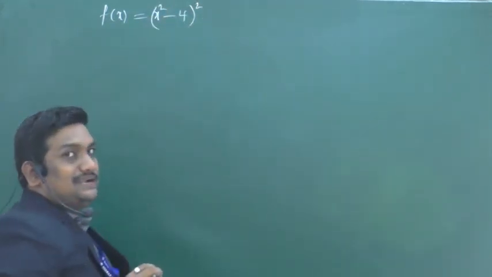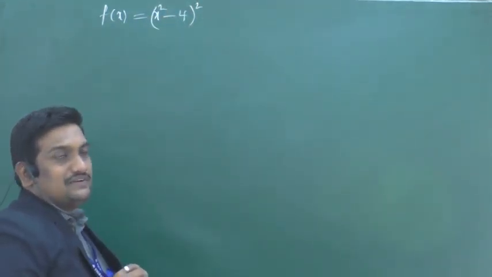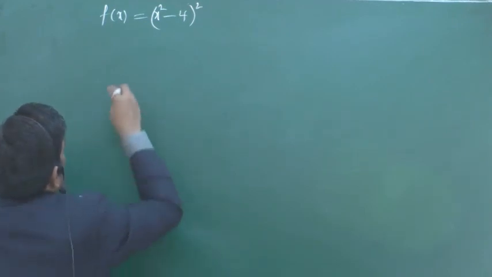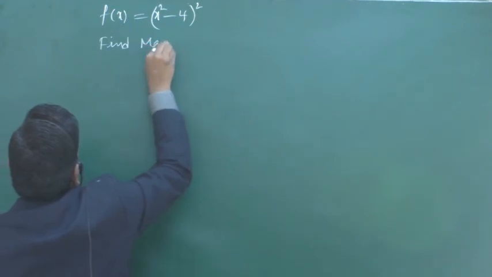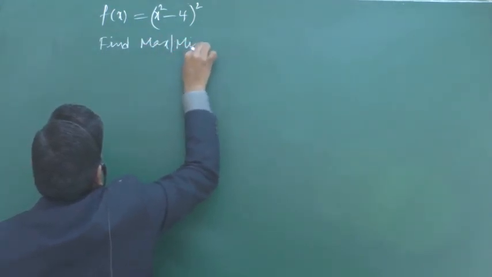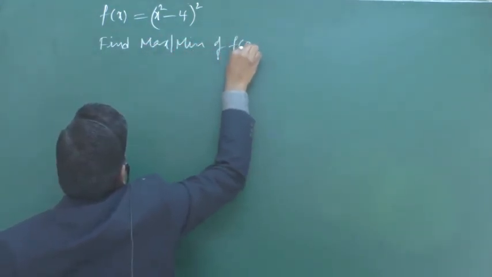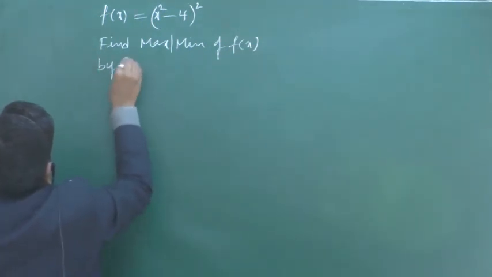Now let us consider another example. f of x equals (x square minus 4) whole square. Now you need to find the maximum or minimum for this function by using the second derivative test.